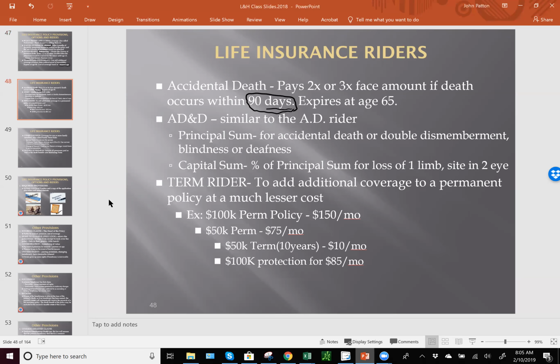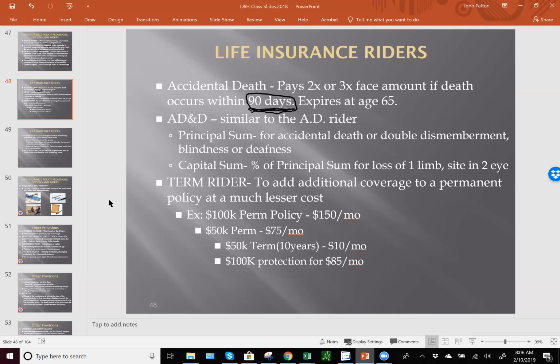Hopefully you say 90 days. That 90 days for accidental death will be consistent throughout your test. It would also pay the principal sum if there is a double dismemberment or permanent blindness or permanent deafness. Then the insured would receive that principal sum.